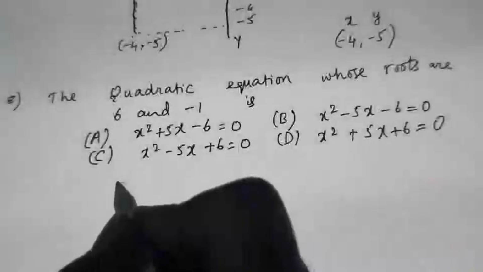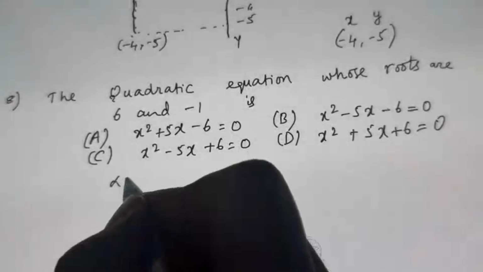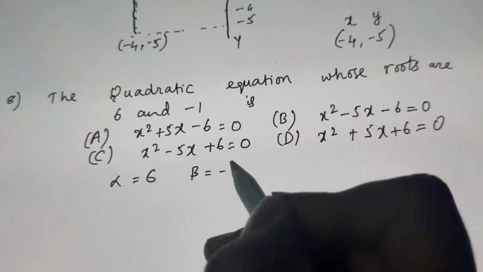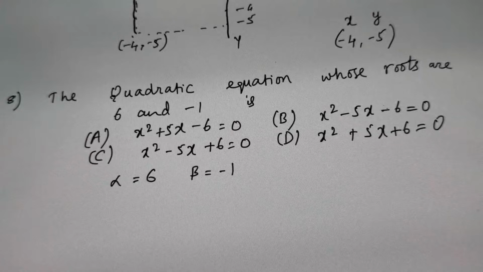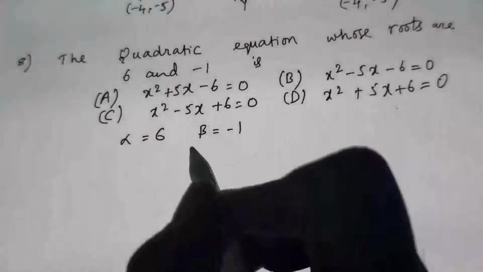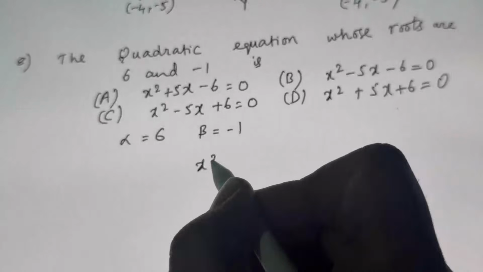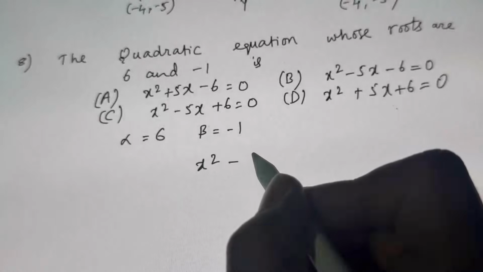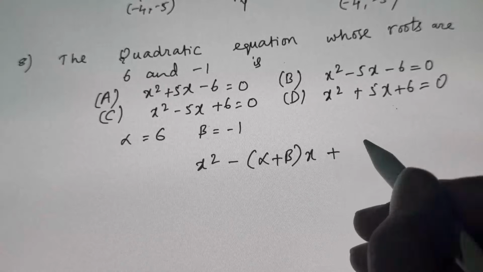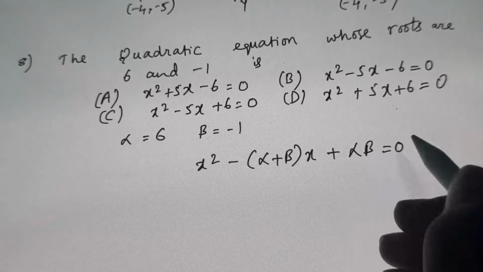So you can see they have given the roots. The first root is alpha equals 6 and the second root is beta equals -1. We have the general form of quadratic equation, which is x square minus sum of the roots into x plus product of the roots equals 0.